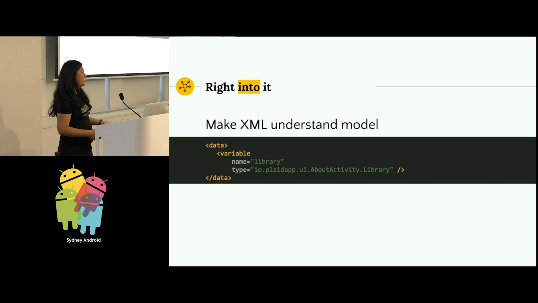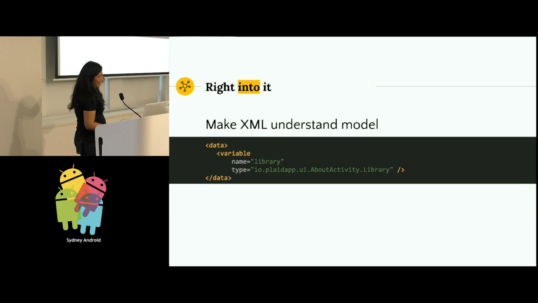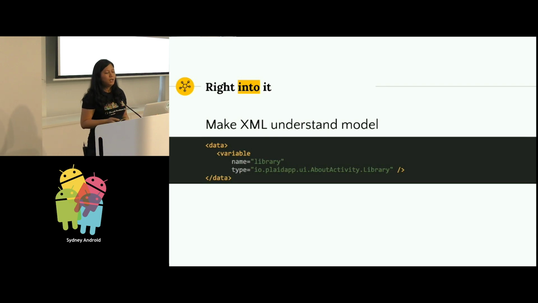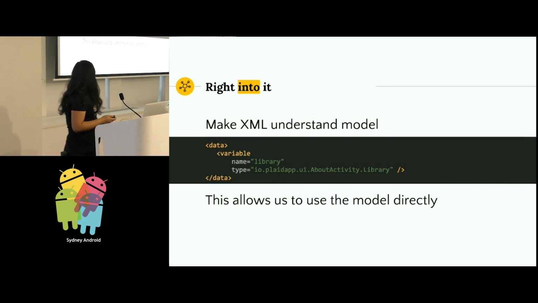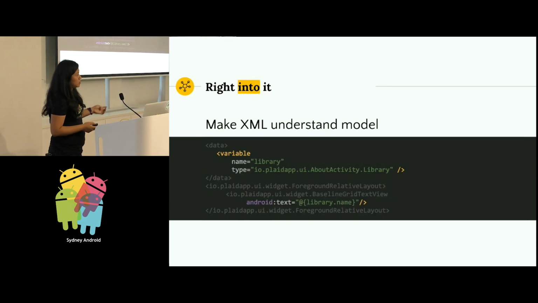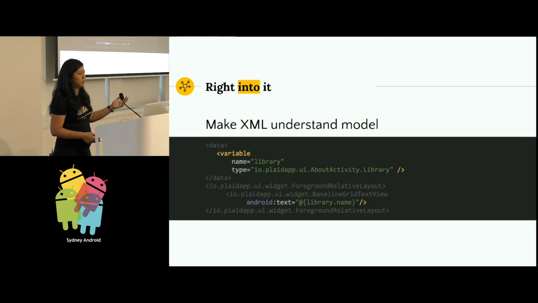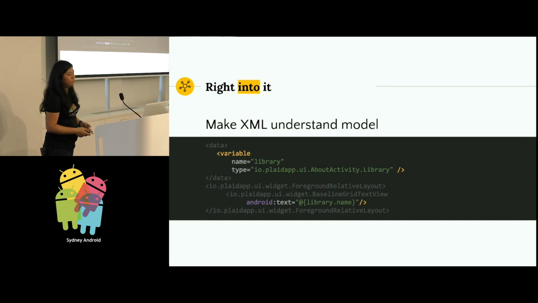Follow me: it will generate a setter named set and then whatever the variable name is. In this case, it's library, so we will have a setLibrary method. This allows us to use the actual POJO or model directly in our code. So if you do library.name, you will be able to get the value of that field.